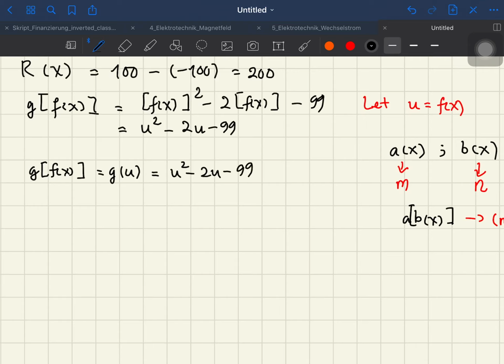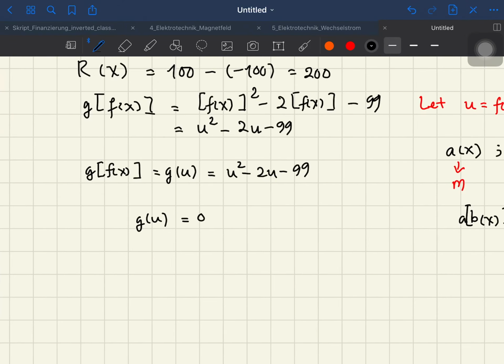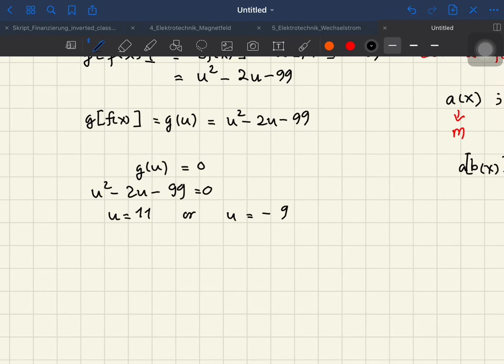First and foremost, we want to find when g(u) equals 0. You will try to factorize it, or use your calculator or the quadratic formula. You will get u equals 11 or u equals -9, and hence we recall back again.